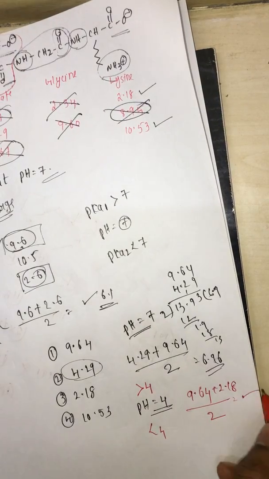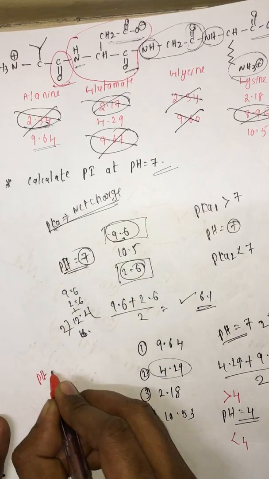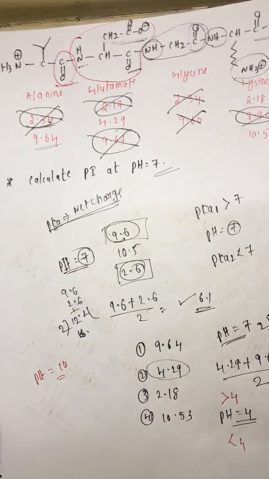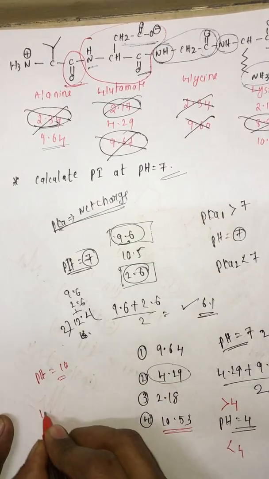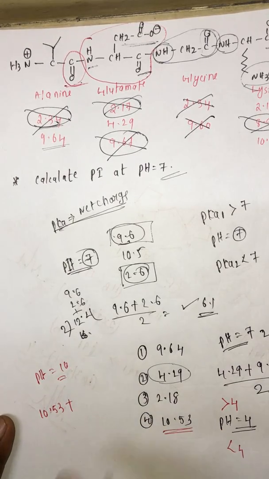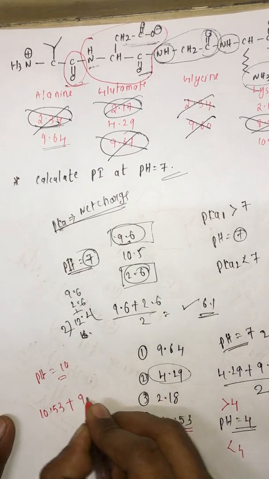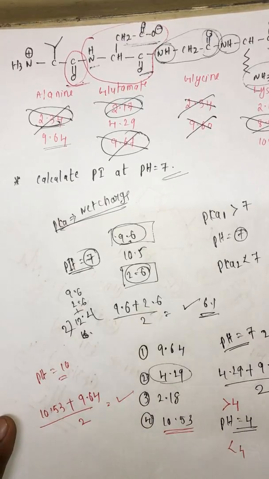So we can calculate the answer here. And if they ask at pH 10, one value which is higher than 10 is 10.53, plus the value which is lower than 10, 9.64, divided by 2, we will get the answer. So it's like that.